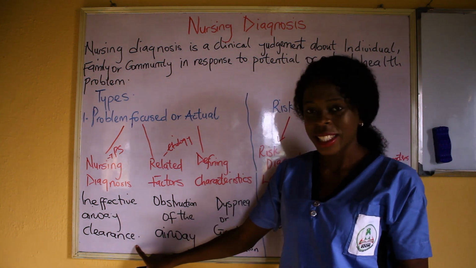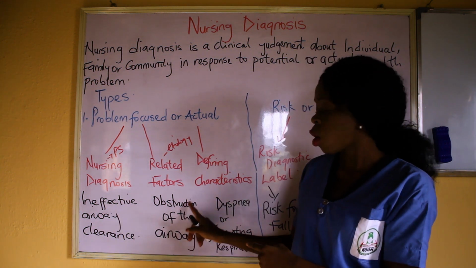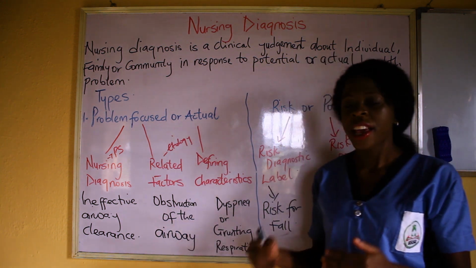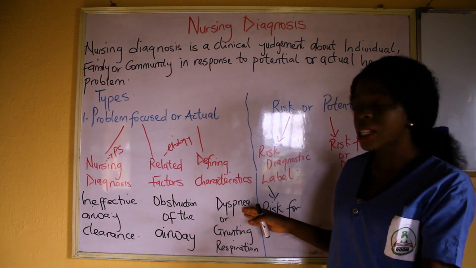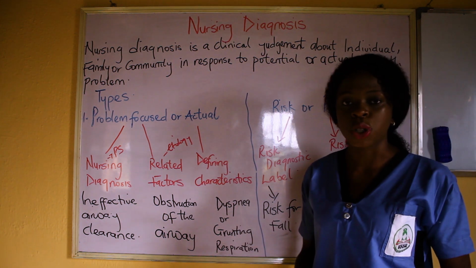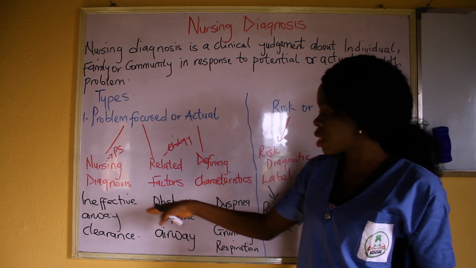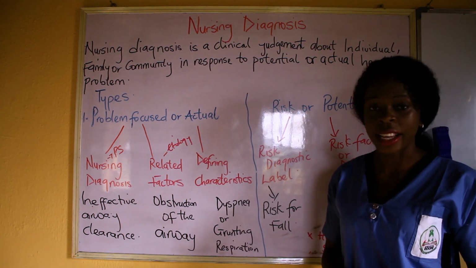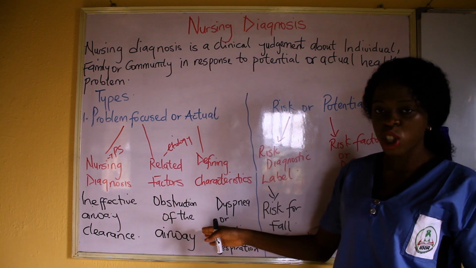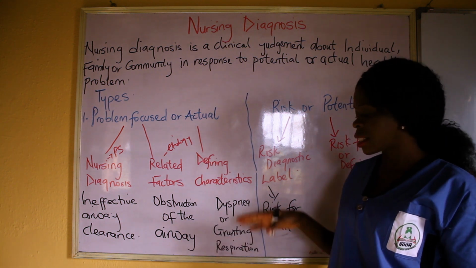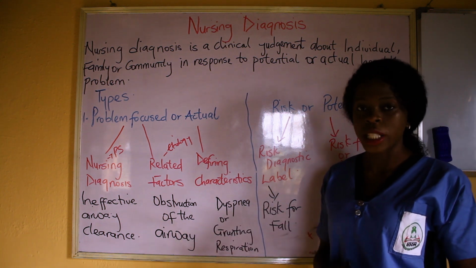Ineffective airway clearance related to obstruction of the airway, evidenced by the signs and symptoms you see in that patient. It could be dyspnea, it could be grunting respiration.